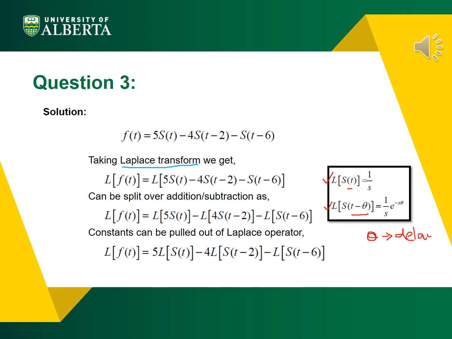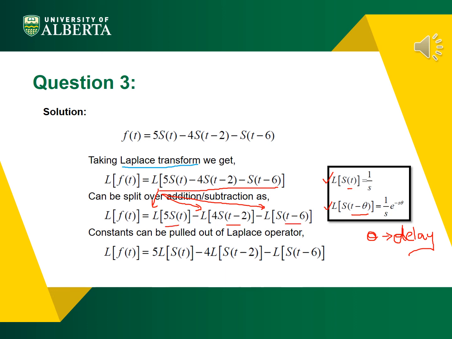So let's go to the first step. Laplace of the function f of t is equal to Laplace of the entire equation, which is on the right hand side. The Laplace operator can be split over addition or subtraction. So the Laplace of this equation would be equal to the sum of the Laplaces of the individual terms.